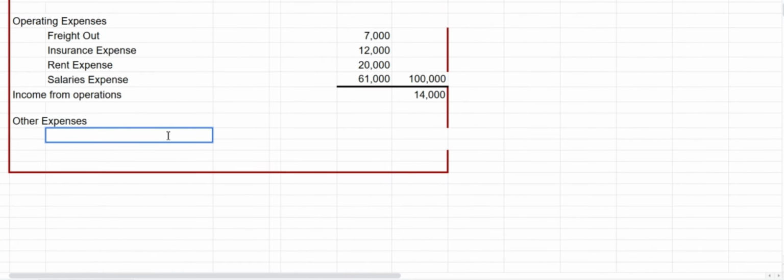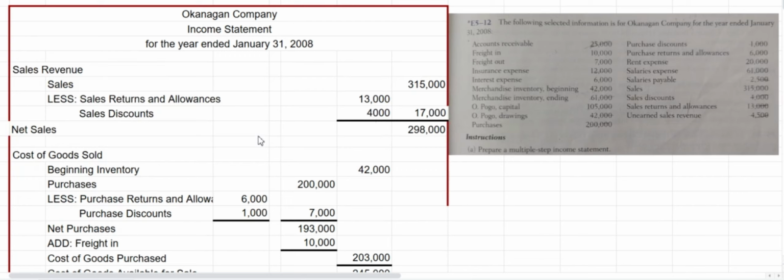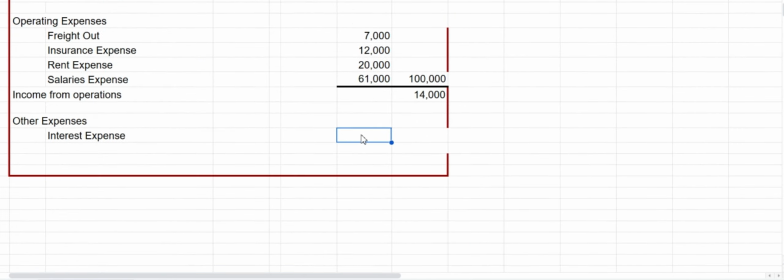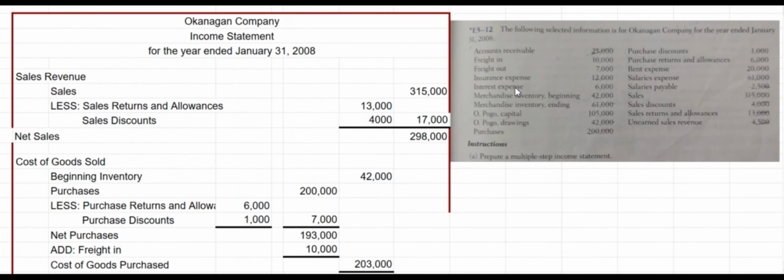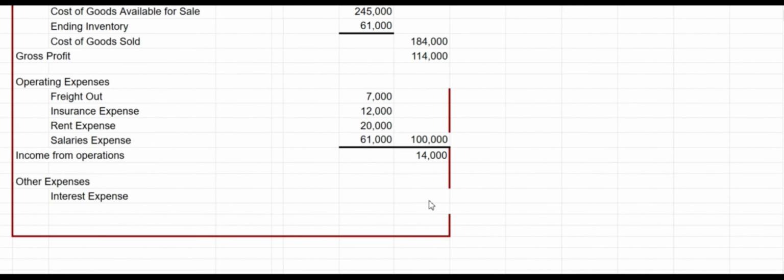And we don't have to write anything for other revenue. Interest expense is 6,000. And since that's the only number we have, we can just go ahead and put it in the fourth column. So the interest expense is 6,000.